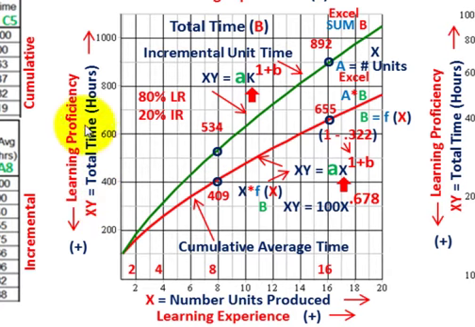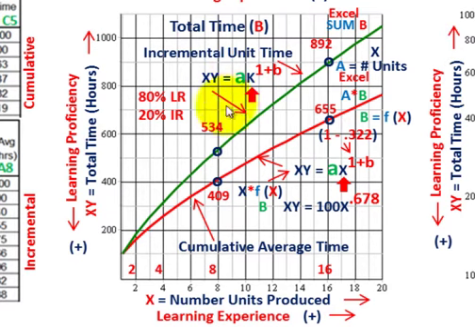And the total hours are increasing on our graph, whereas our learning proficiency is going down. As we're getting better, we're increasing our learning proficiency, but our total hours go up. But it's really just a function of taking x, the number of units, times whatever our function was.